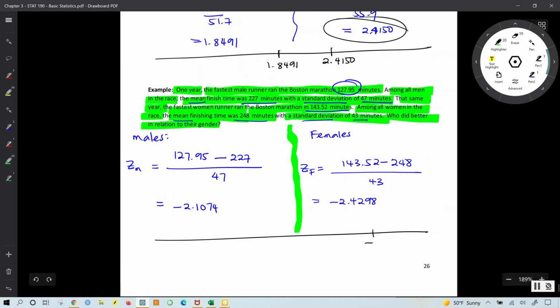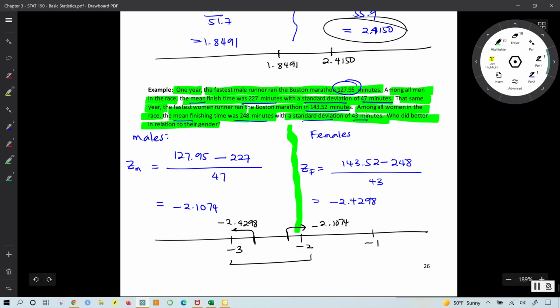So I'm going to put both on the same scale now. I have negative 1, negative 2, negative 3. Somewhere between negative 2 and negative 3, I have first negative 2.1074, and then negative 2.4298. Well, in this context, finishing in lesser time is better.